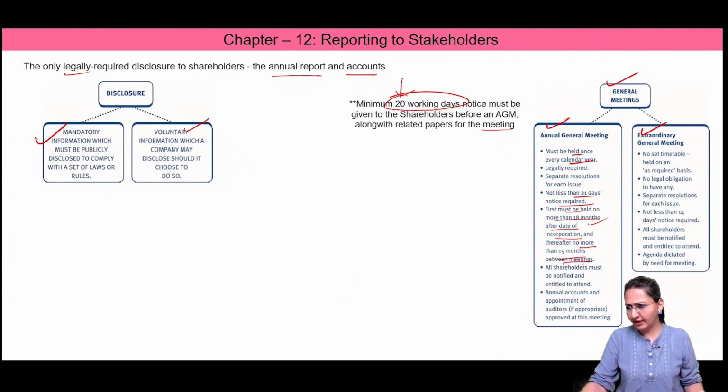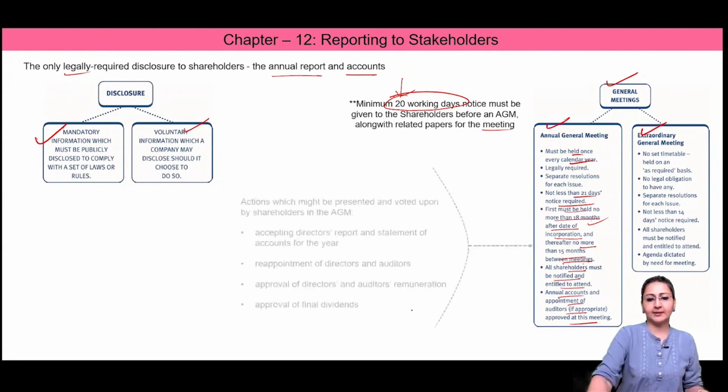That's the maximum gap there can be. That means if one AGM happened on 1st January of a year, the next cannot happen on 31st December of the following year, because the gap between the 2 AGMs would be more than 15 months. Remember these rules. Then all shareholders must be notified and annual accounts must be approved in this meeting.